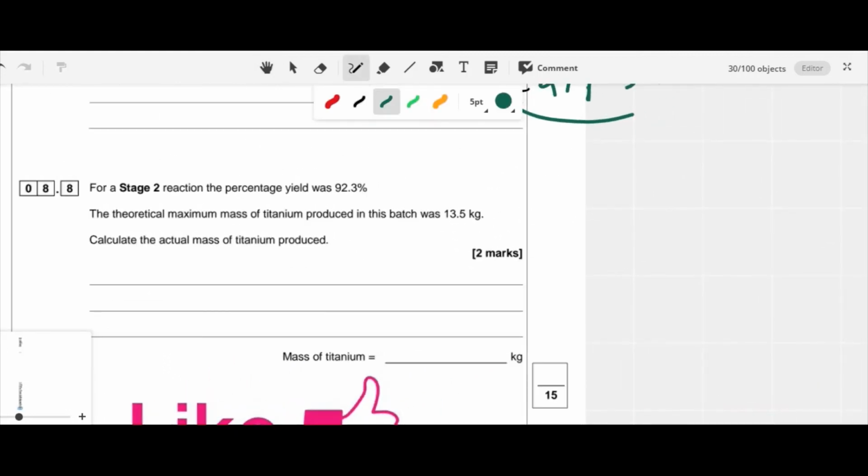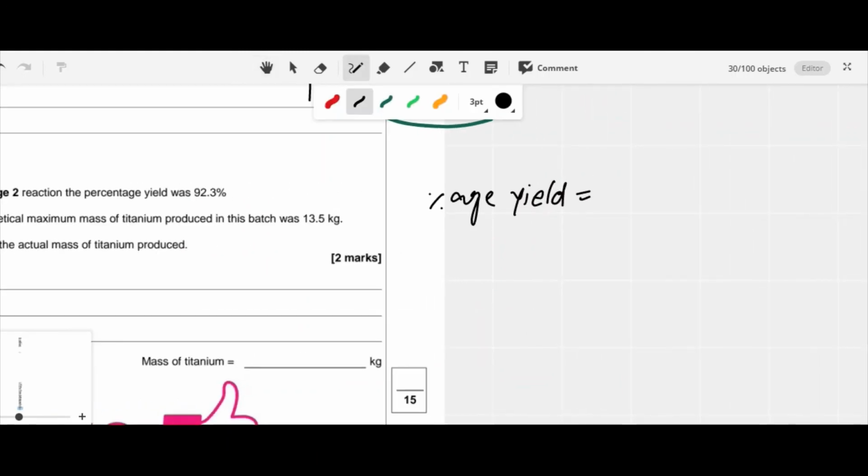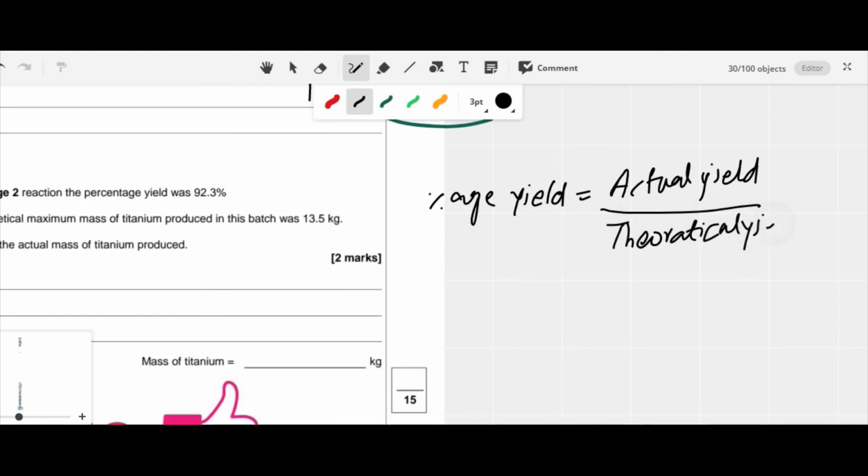As we know, the percentage yield is equal to the actual yield divided by the theoretical yield, times 100.